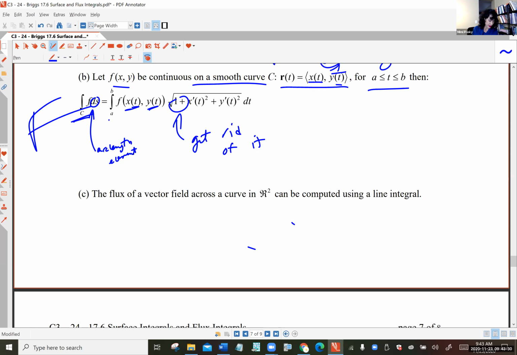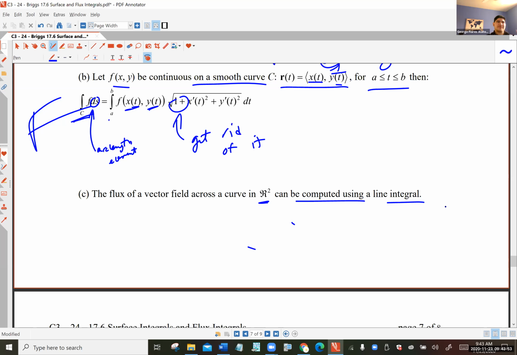So what about the flux of a vector field across a curve can be computed using a line integral? We just did a flux across a surface in the last example, but can you do a flux of a vector field across a curve in 2D? Sure. I think so. You think so, or you know so?